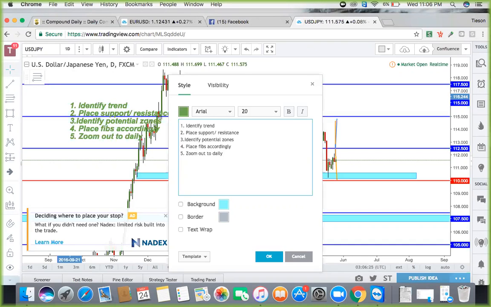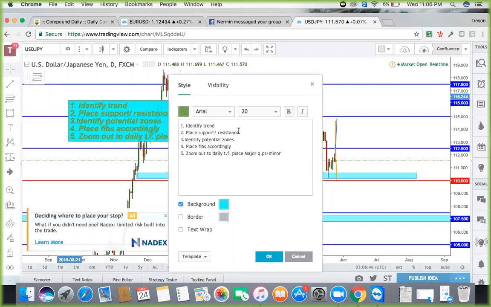TF is going to be time frame. And place major QPs, quarter points, slash minor QPs.